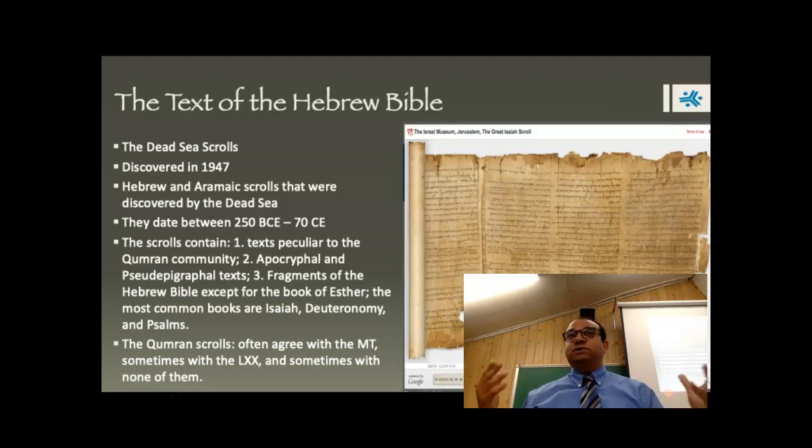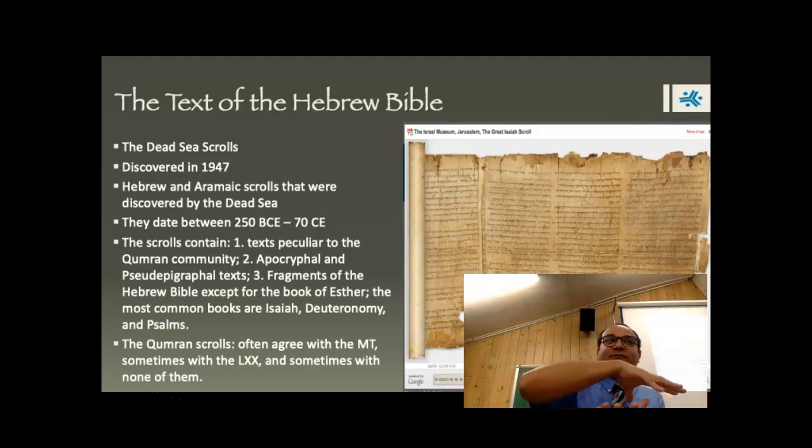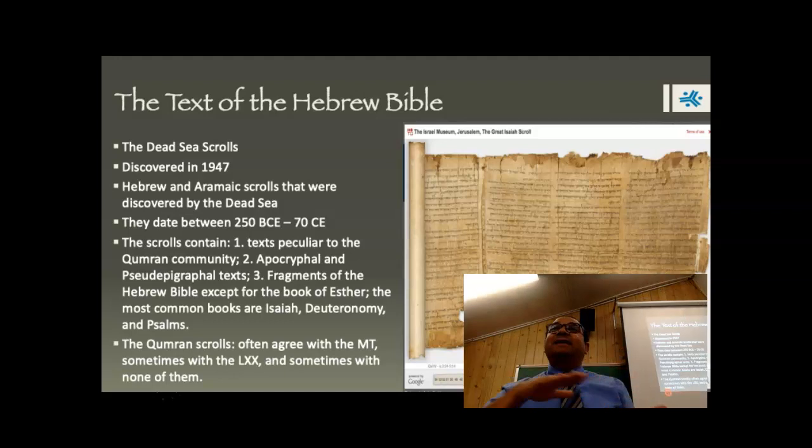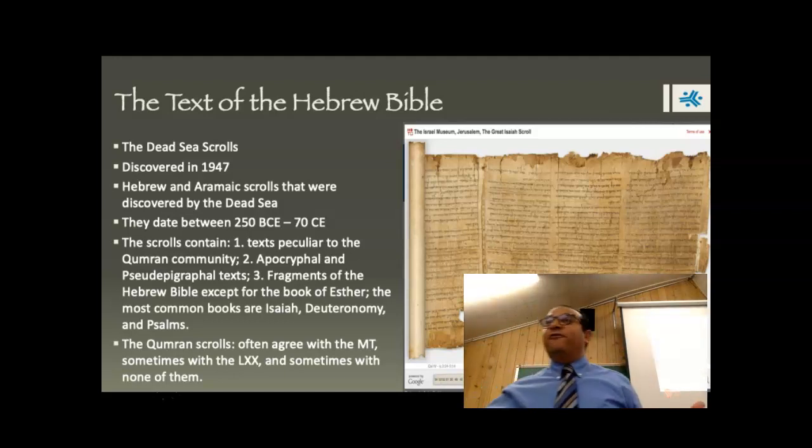The words they use, some changes in the language itself. So even within the Hebrew Bible itself, you could tell that it has stages, either early Hebrew, classical Hebrew, or late Hebrew. That's even within the text itself.